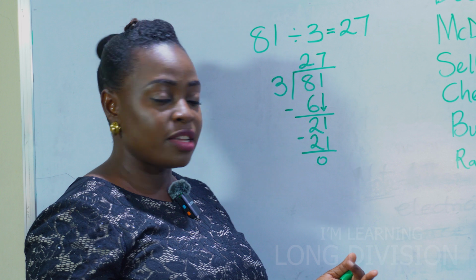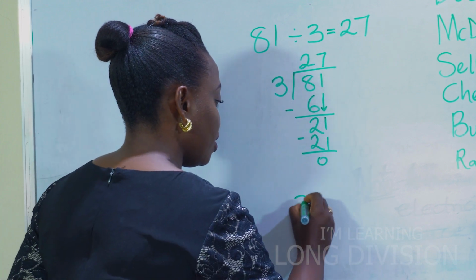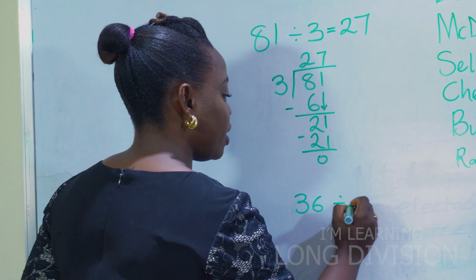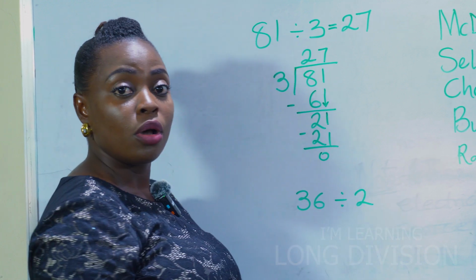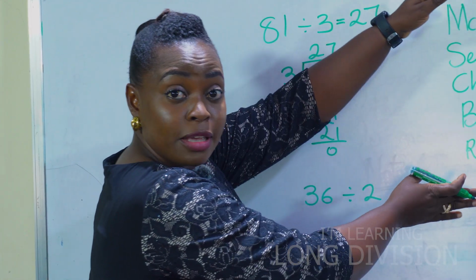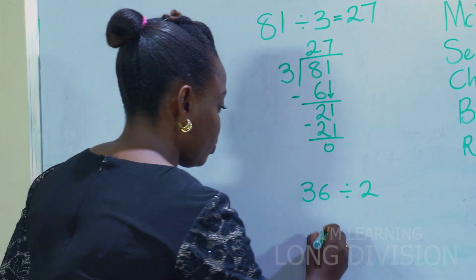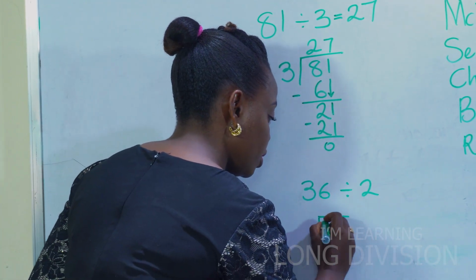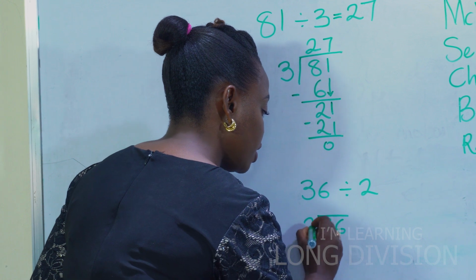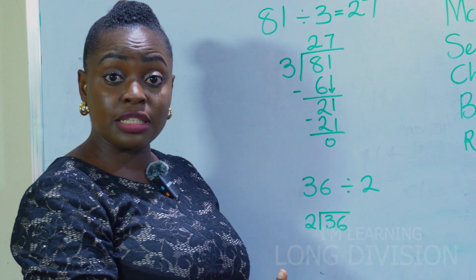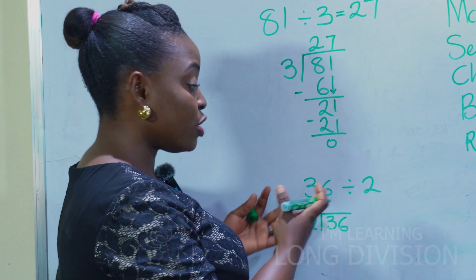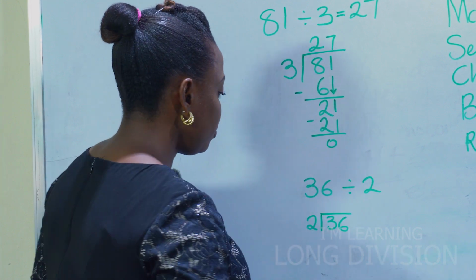Now let's look at another example. 36 divided by 2. We're going to be using the exact same method to solve this question. 36 is your dividend and 2 is your divisor.